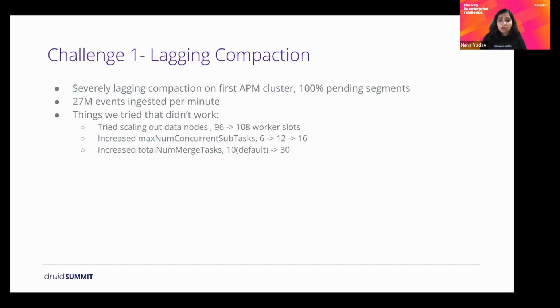We also tried to increase total num merge tasks, the number of tasks spawned to handle merging of the segments, which was set to 10 by default. We tried to increase it to 30, but that didn't help either.